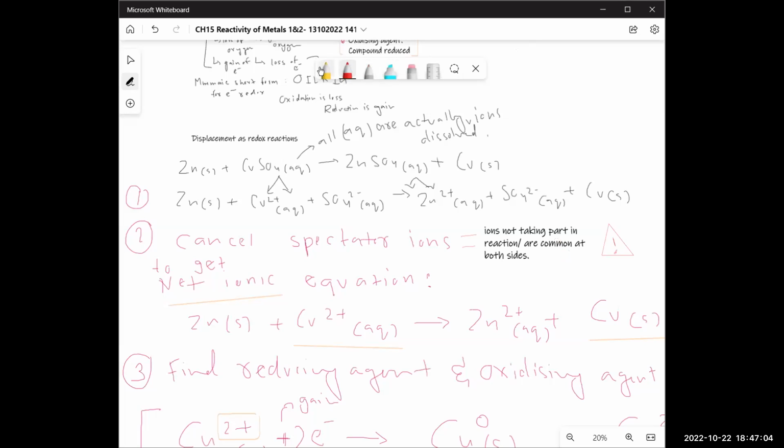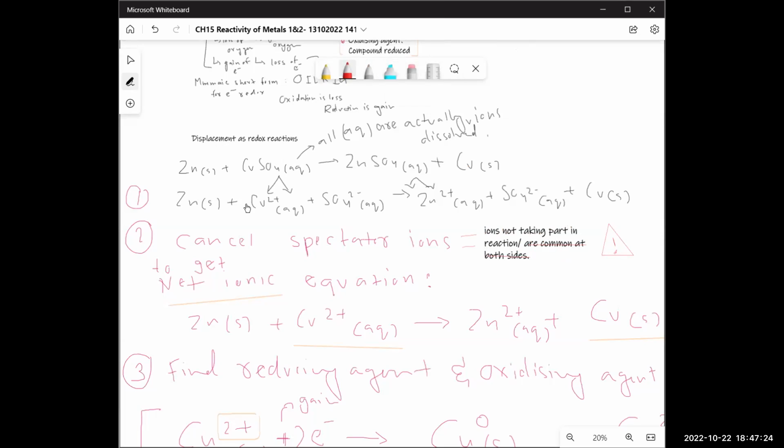And by the way, you can skip the part that they are common at both sides. That's for you to understand. But in the exam, you'll just write ions that are not taking part in the reaction. Done. Javan, finished? Yes. All right.